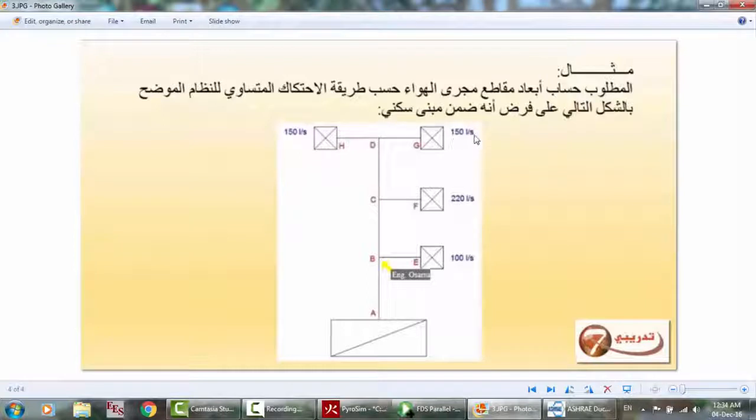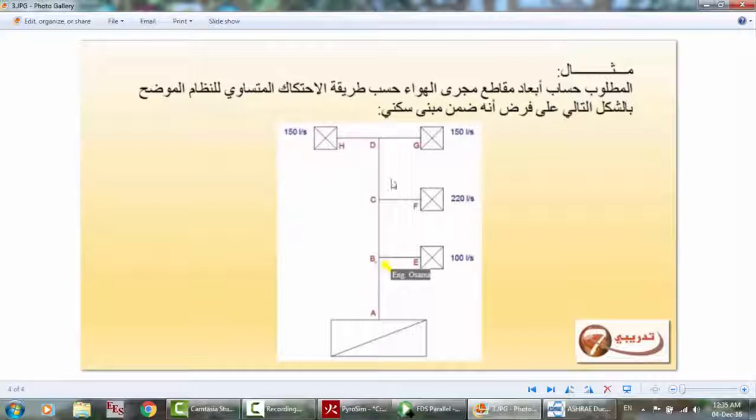So what we have to do in reality is to install a volume control damper here to decrease the flow by the amount equal to 2 pascals, the more pascals that we have here, to make the total static pressure loss from A to E 20, and from A to DG 20.